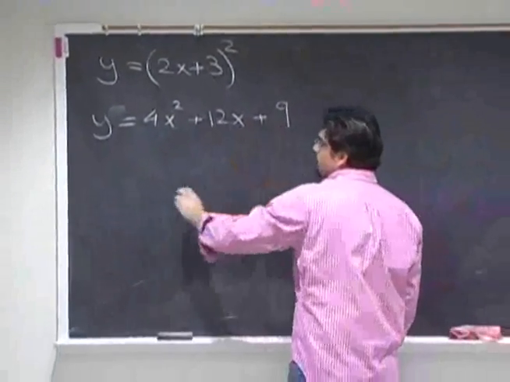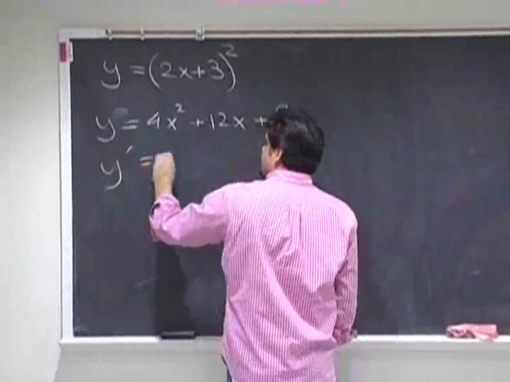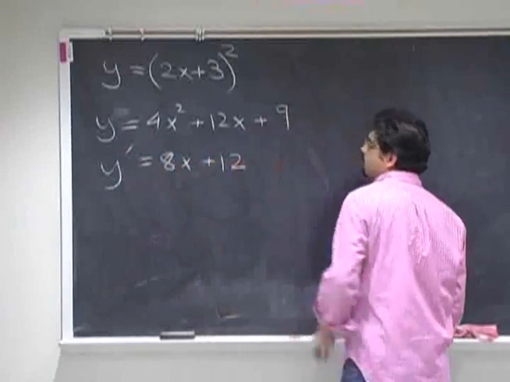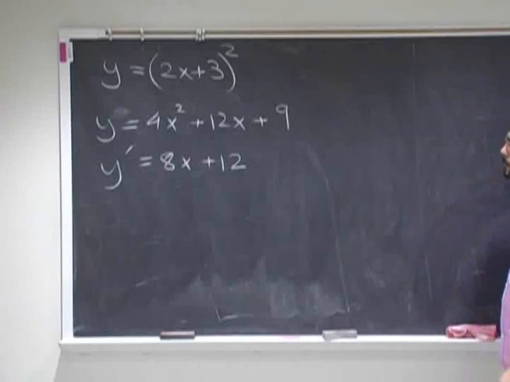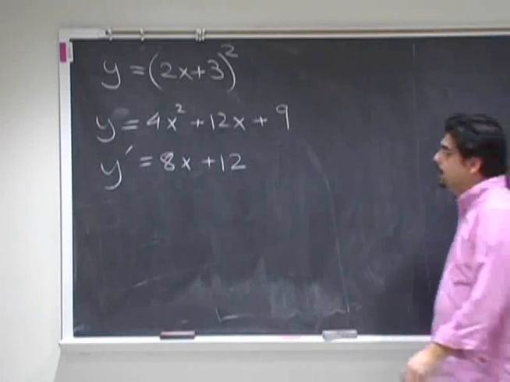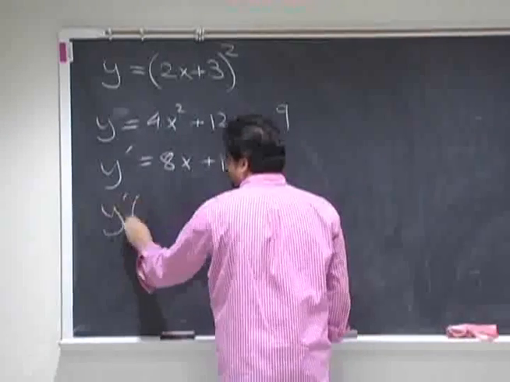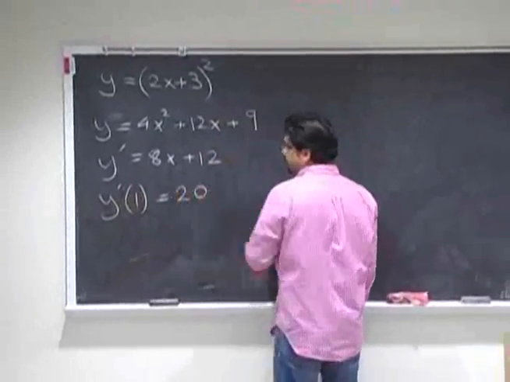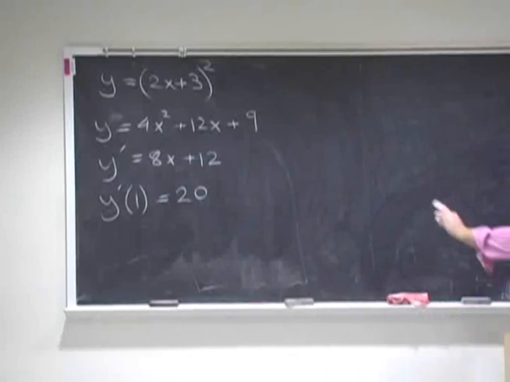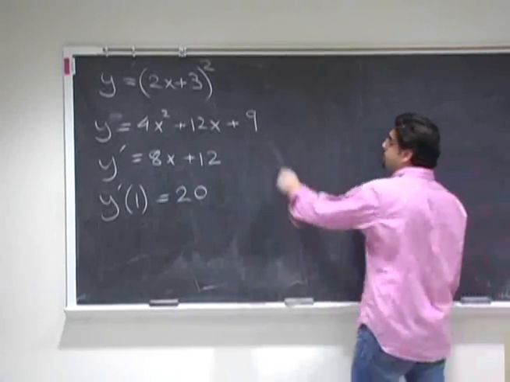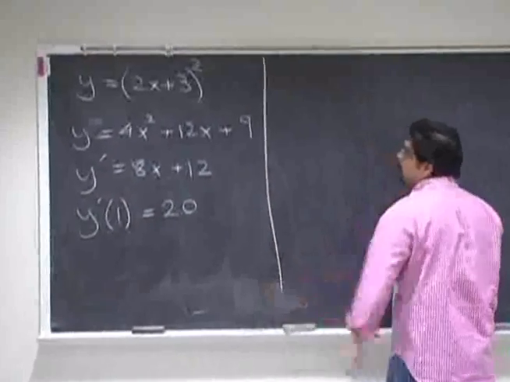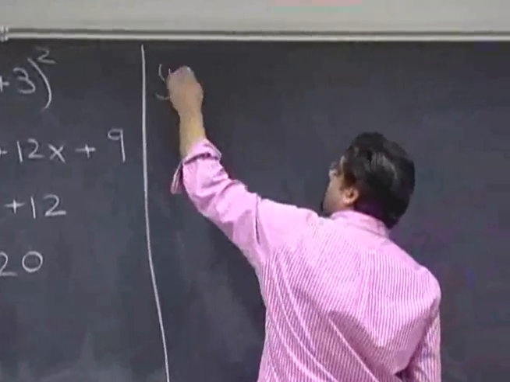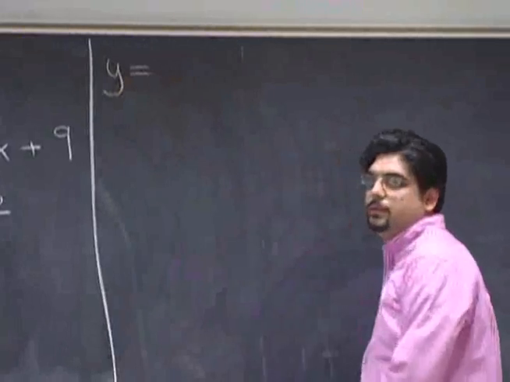Each one is just a power. So y prime would be 8x plus 12. Yeah? So for one, let's see, what is y prime of 1? 20, right? Okay. So keep that in mind. Let's think of y as a composition of two functions.